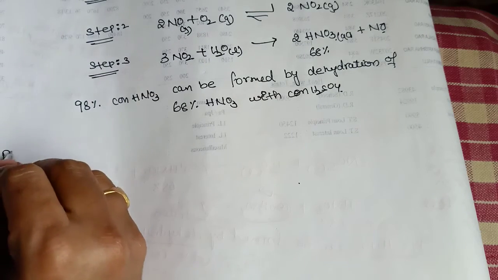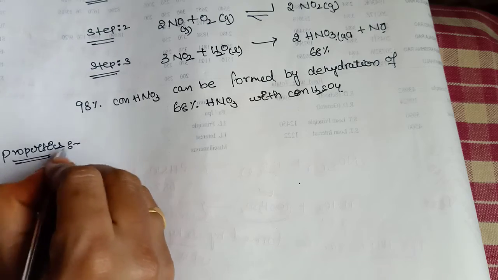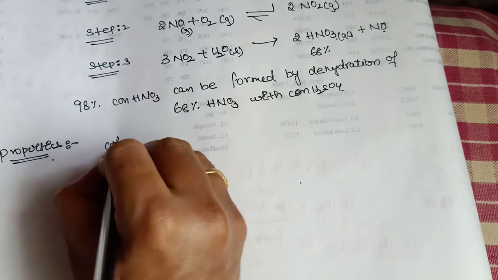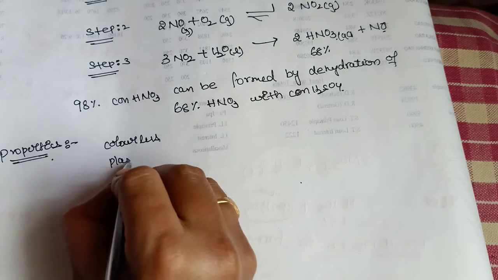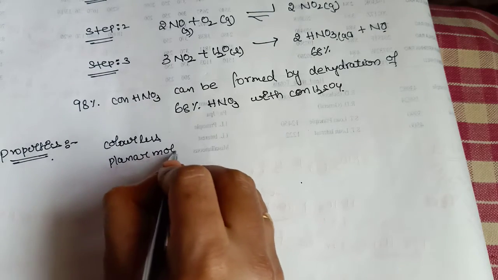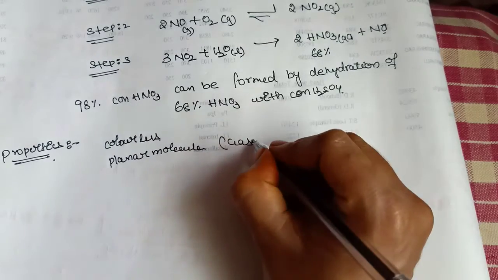Next, properties. Nitric acid is a colorless liquid and it exists as a planar molecule in the gaseous state.